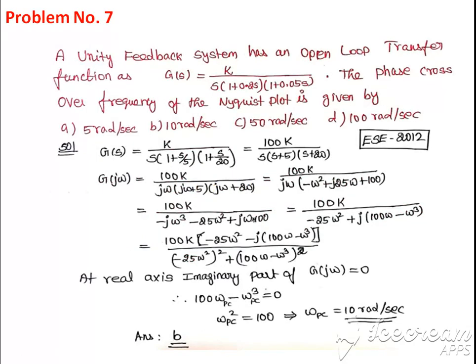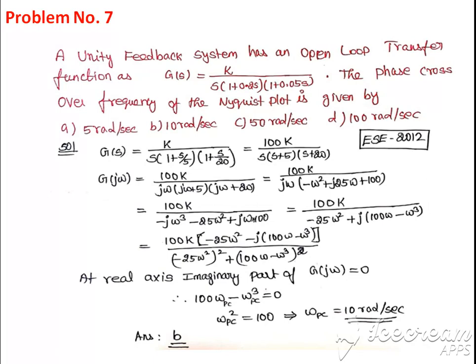Problem number 7. A unity feedback system has open loop transfer function G(s) equal to K divided by s into (1 plus 0.2s) into (1 plus 0.05s). The phase crossover frequency of the Nyquist plot is given by: option A 5 radian per second, B 10 radian per second, C 50 radian per second, D 100 radian per second.